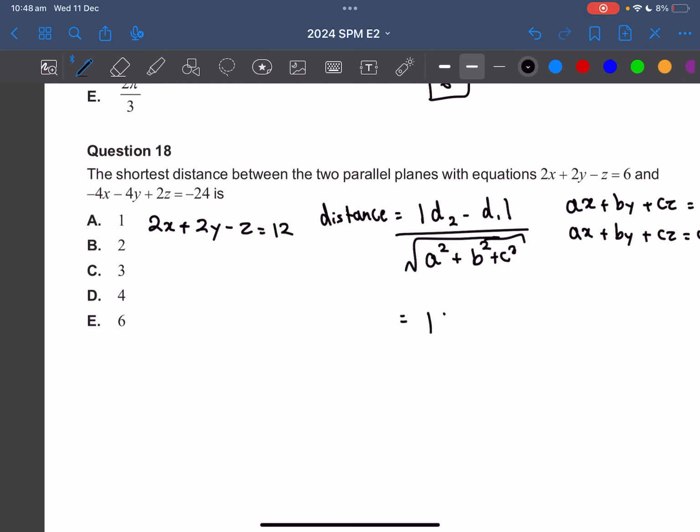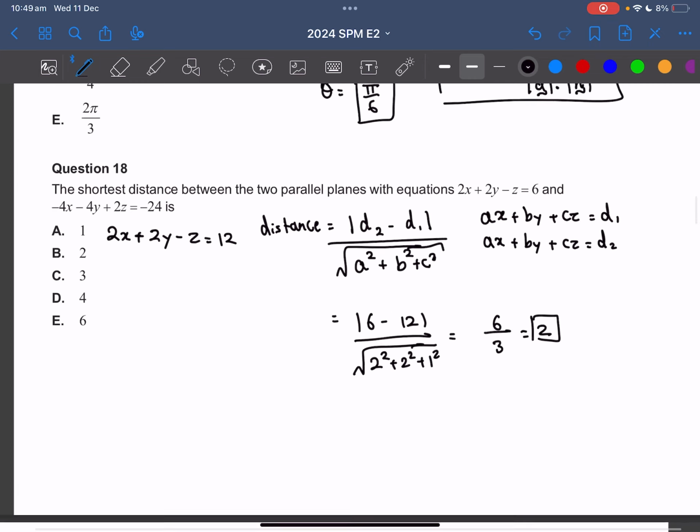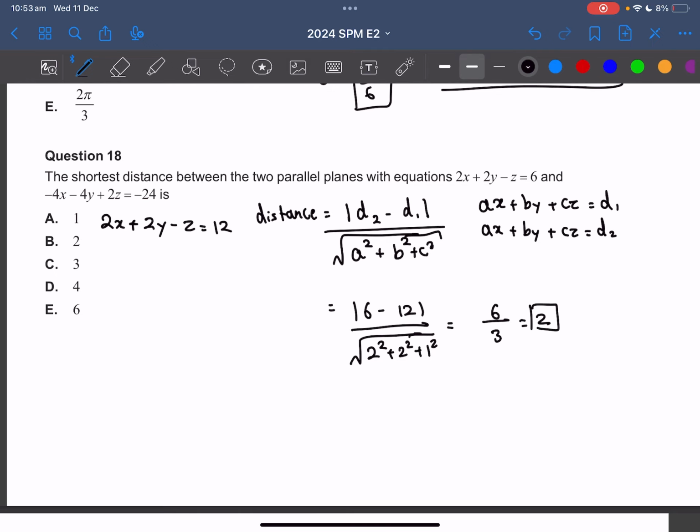Our distance is equal to 6 minus 12, over the square root of 2 squared plus 2 squared plus 1 squared. So that will be 6 divided by the square root of 4 plus 4 plus 1, which is 9. The square root of 9 is 3. So the distance is 2. So it's going to be option B for this.